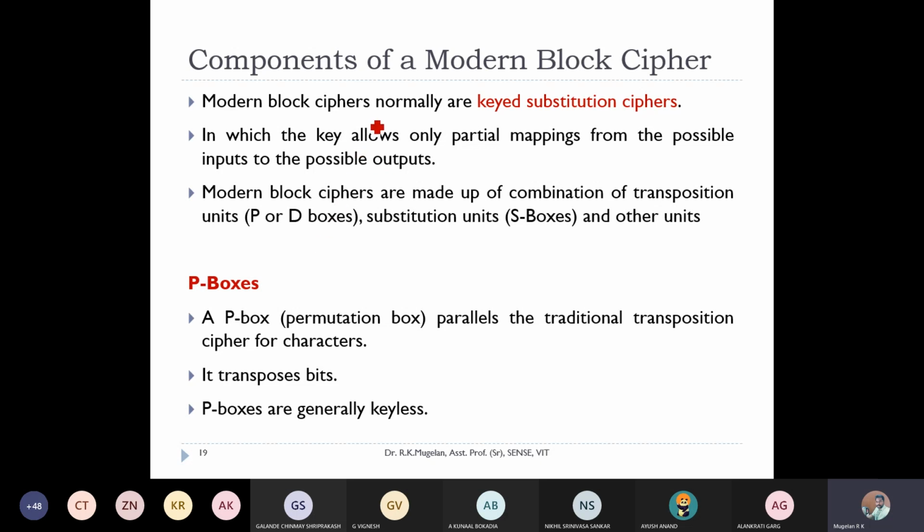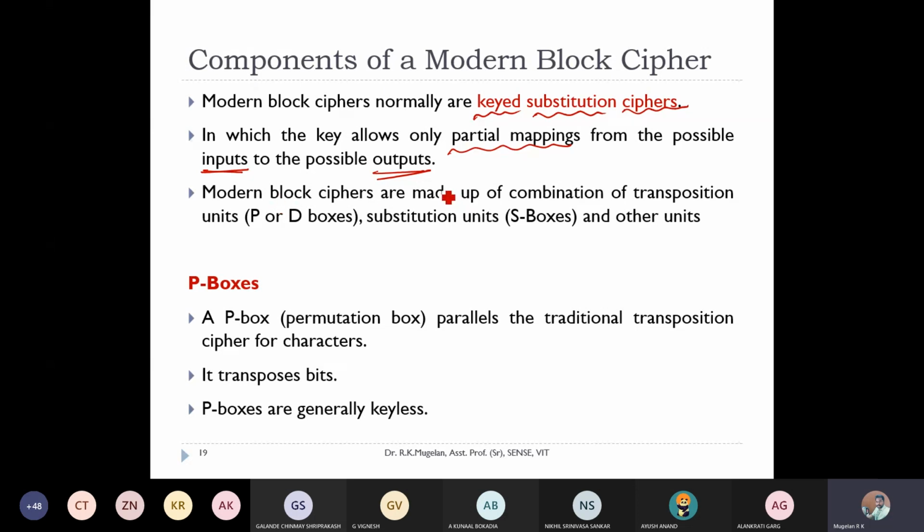We just saw the justification for why they go for keyed substitution ciphers. This key will only help with a partial mapping. It's not going to give a direct mapping from the input to output. Only a partial mapping will be done from input to output, so the rest of the mapping is taken care of by some other components of the modern block cipher.